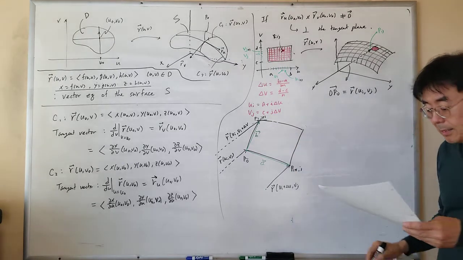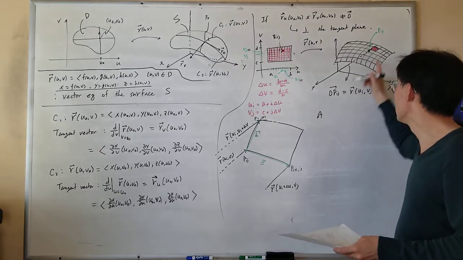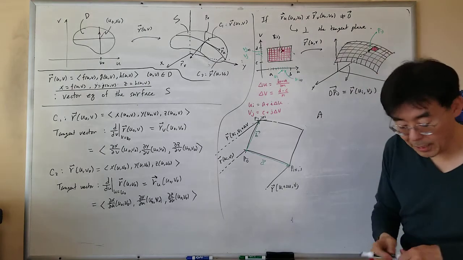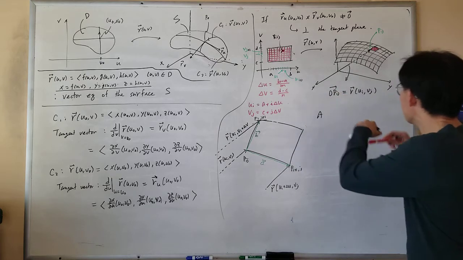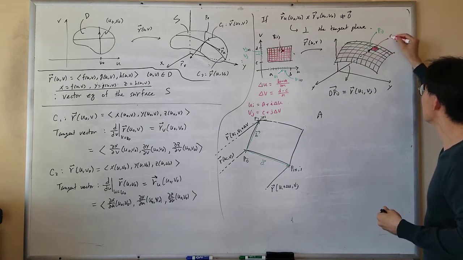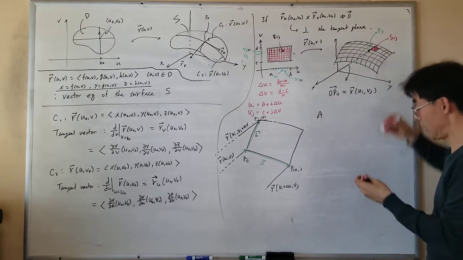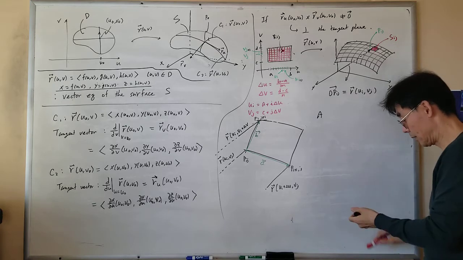So your patch will be almost the same as a parallelogram generated by vector A and vector B. The surface is called S, so I'm going to call the whole ij patch Sij.